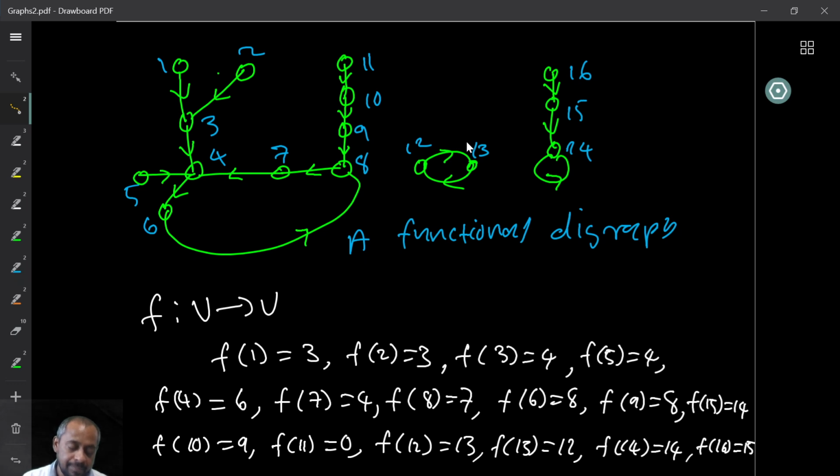So this defines a function from a vertex to its out neighbor. Because there is only one, it's a unique out neighbor, therefore the function is well defined.